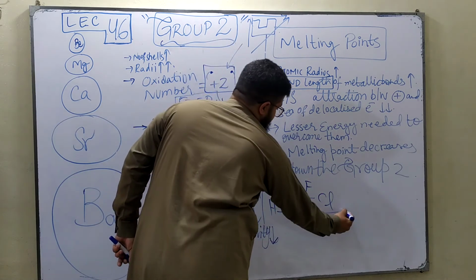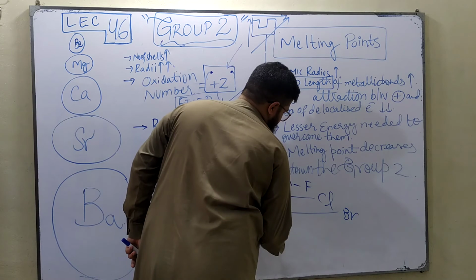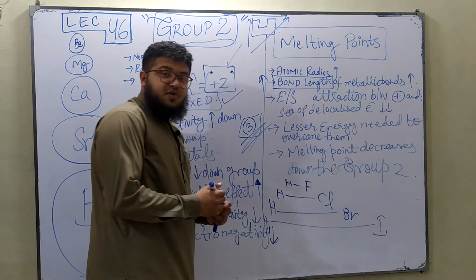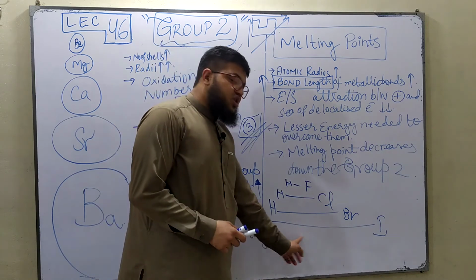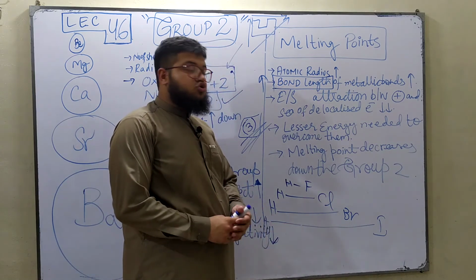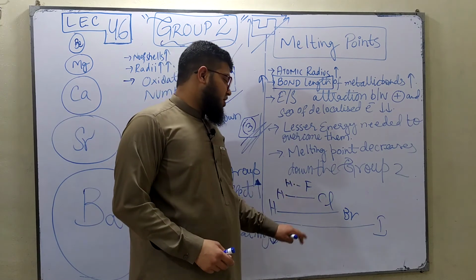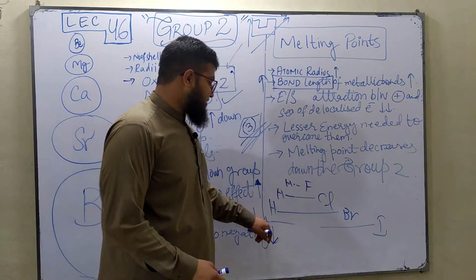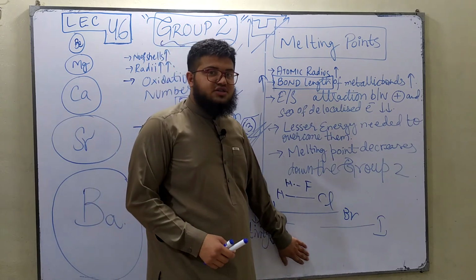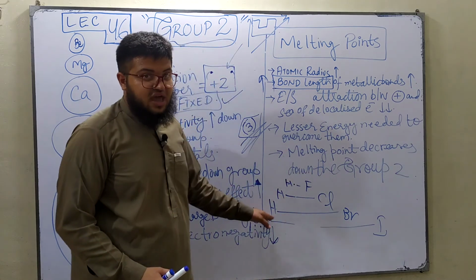Then comes HBr. Then comes HI, which has the longest bond. So the longest bond is the weakest bond, and so lesser energy will be needed to break this bond. Since the least energy is needed to break the HI bond, HI is actually the strongest acid of all these halogen acids we have over here.